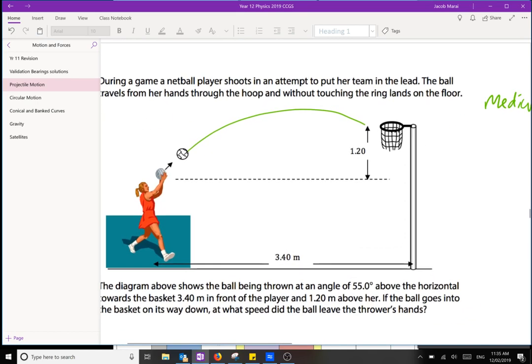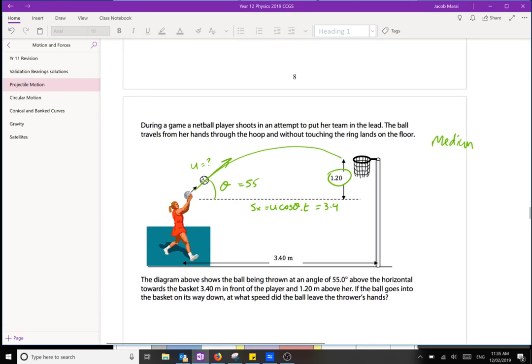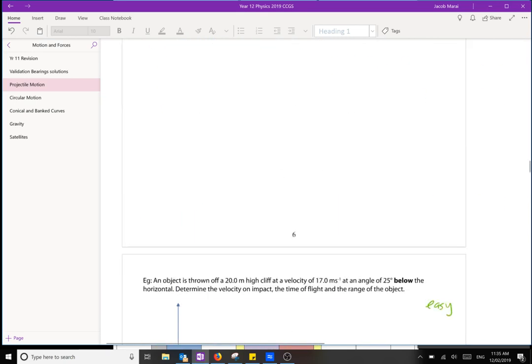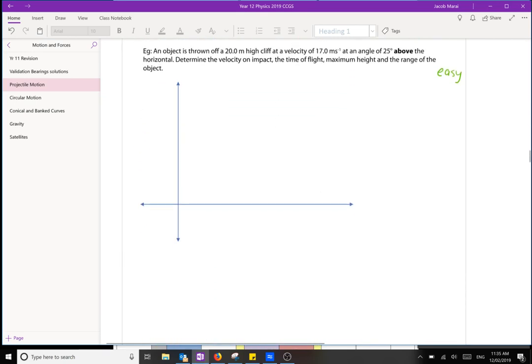I'll just set up a few things for you to help out here. Now it's up to you to decide whether you're just going to jump straight into the quadratic to solve this, or you can split it into steps.